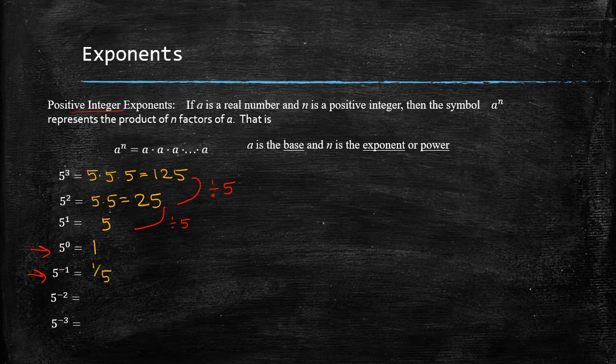Now for 5 to the negative second power, we start with 1/5 and we divide this by 5. We can think of 5 as 5 over 1. And remember, when you divide by fractions, multiply by the reciprocal of the second. So this 5 over 1 will become 1/5. And now we're multiplying our two fractions.